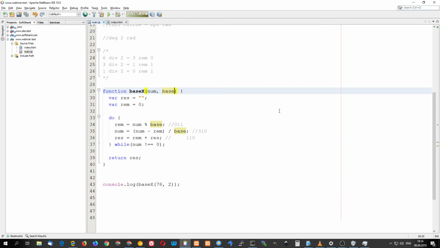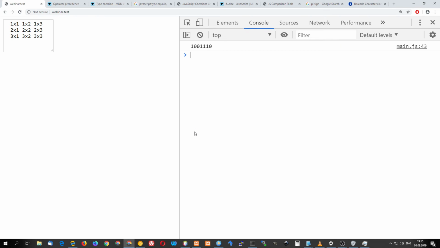The new thing that we can do, supported in new browsers, is to just pass the default parameter. So if this isn't passed, or if it's undefined, which it is if it's not passed, make it 2. So this is in base 2.